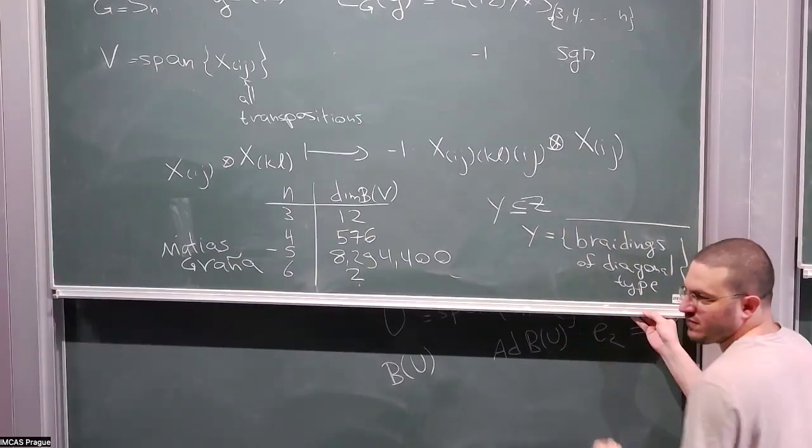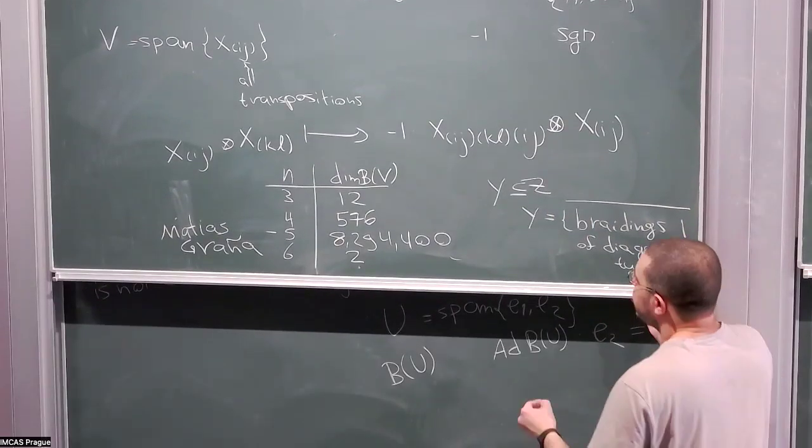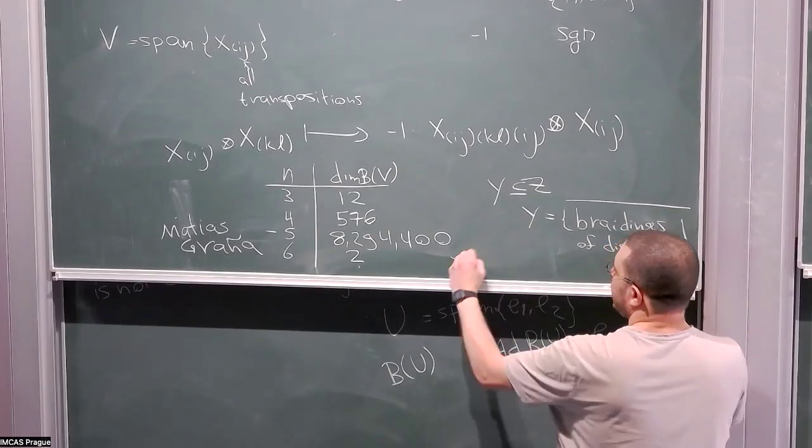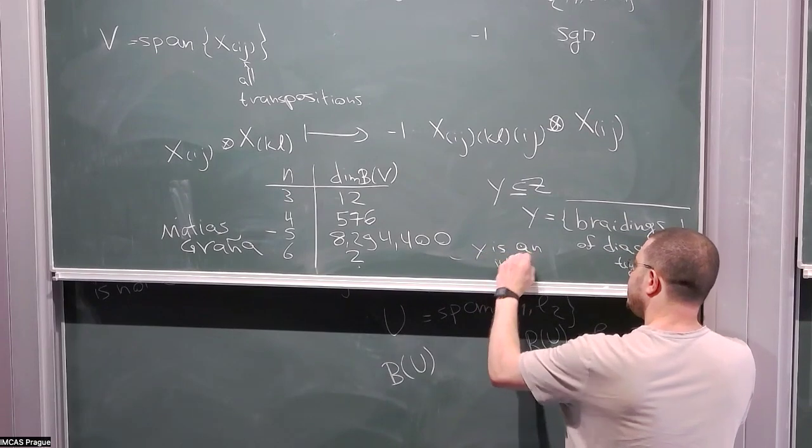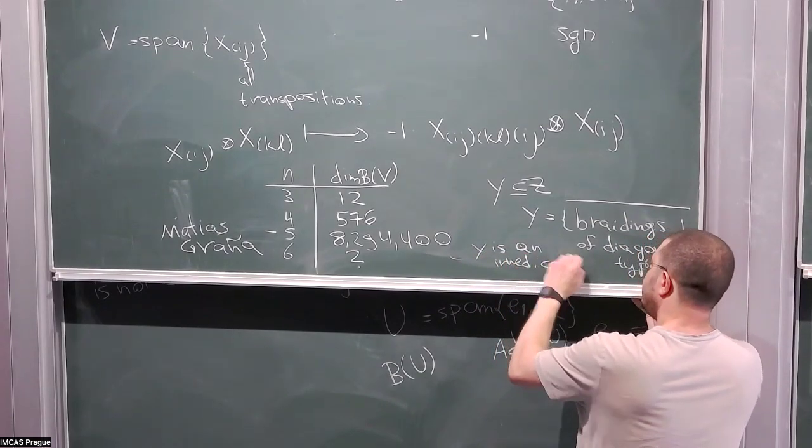And I take the closure. So it's a closed subspace. Here's one thing that we know how to prove: Y is an irreducible component of Z.